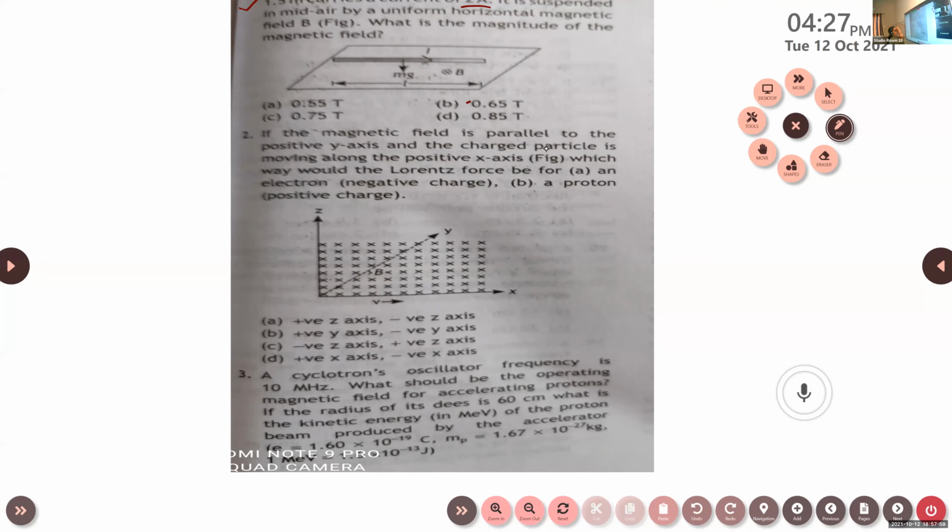The Lorentz force is applicable if and only if all these three components are mutually perpendicular to each other. So here, the direction of the magnetic field and the motion of the charged particle are already given. So we only need to find the direction of the Lorentz force. Which rule do we apply here in order to find out the direction of the force?